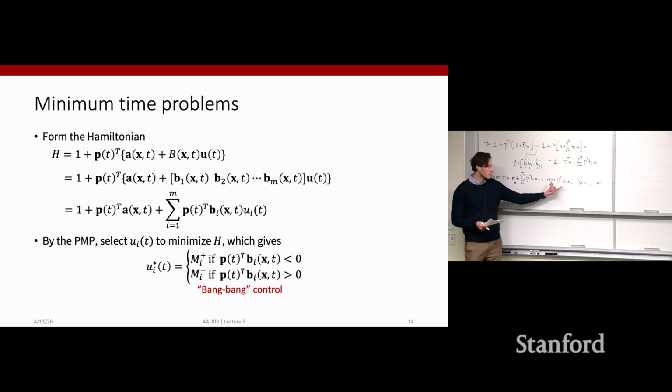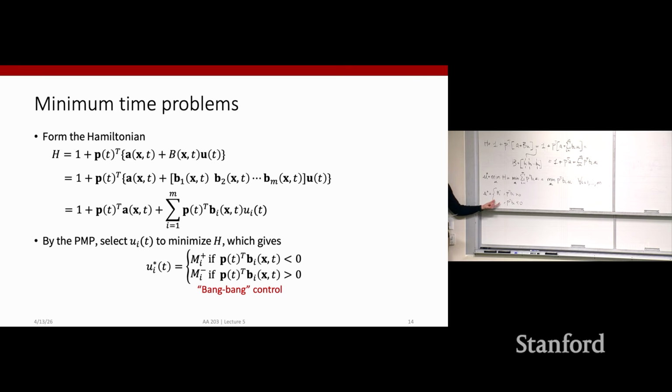We want to minimize this term as a function of u, which depends on the term in front of u. If this term is positive, and u has to be between m_i minus and m_i plus, how would you pick u? Yeah, correct, exactly. So m_i minus.